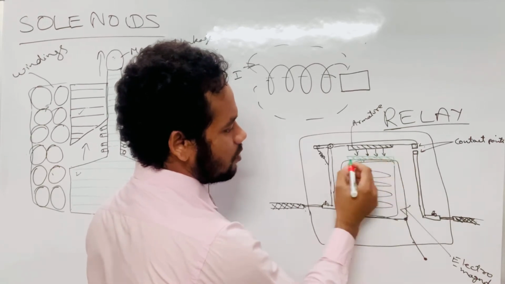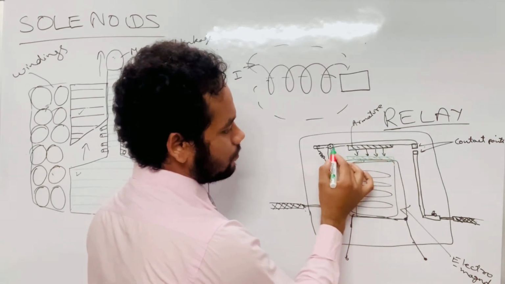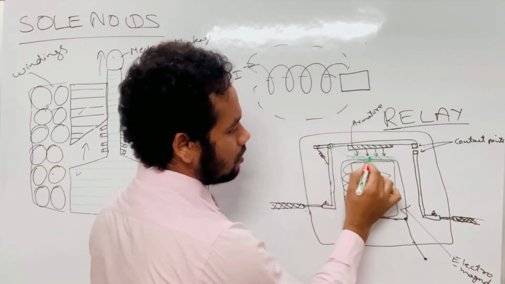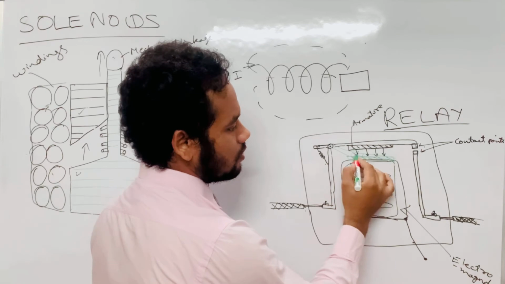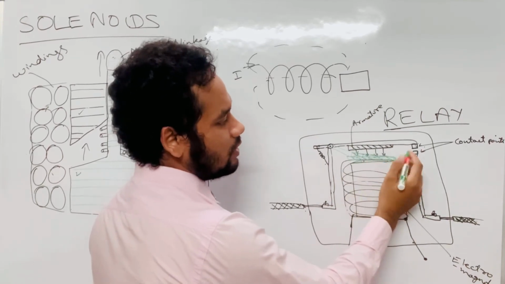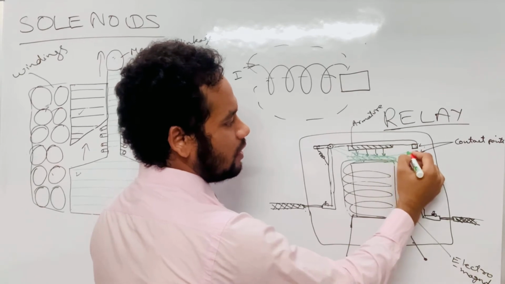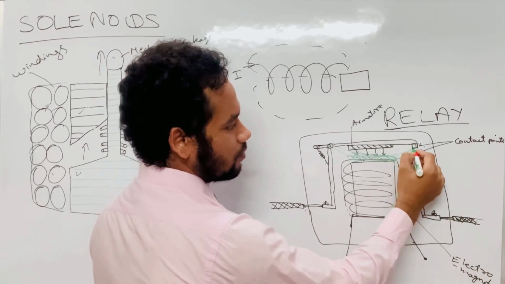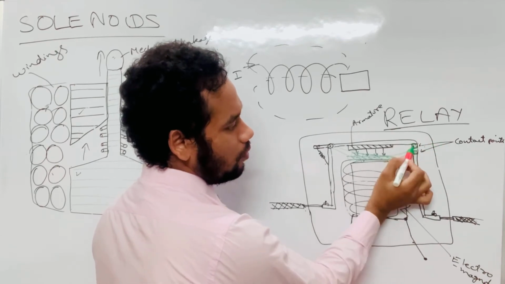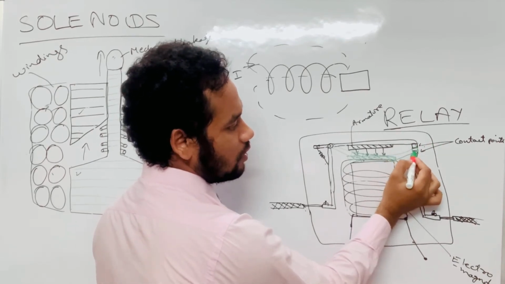Okay, so suppose this is the armature, so this will bend like this. So this is the armature, so I have drawn it properly. So when this bends, both the points will be touching. So this contact point which is on top will come down and touch the lower point.